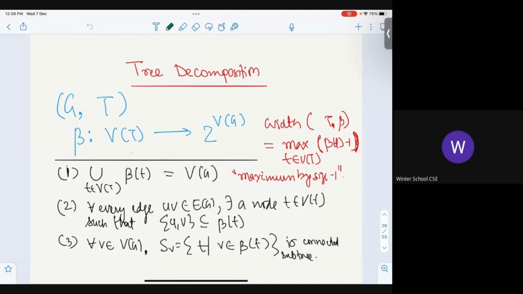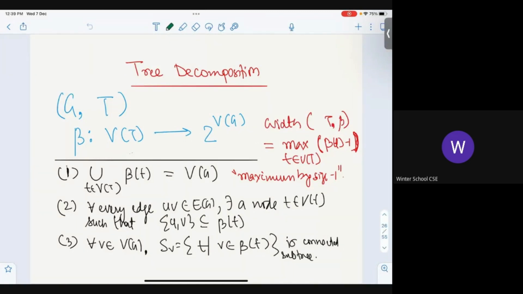So you can bring some other perspective and use it in the way you wish. Any further questions before we move to the next slide? Yes. Codomain. Okay. It is all subsets of the vertex set of G. 2 to the power VG means all subsets of VG.